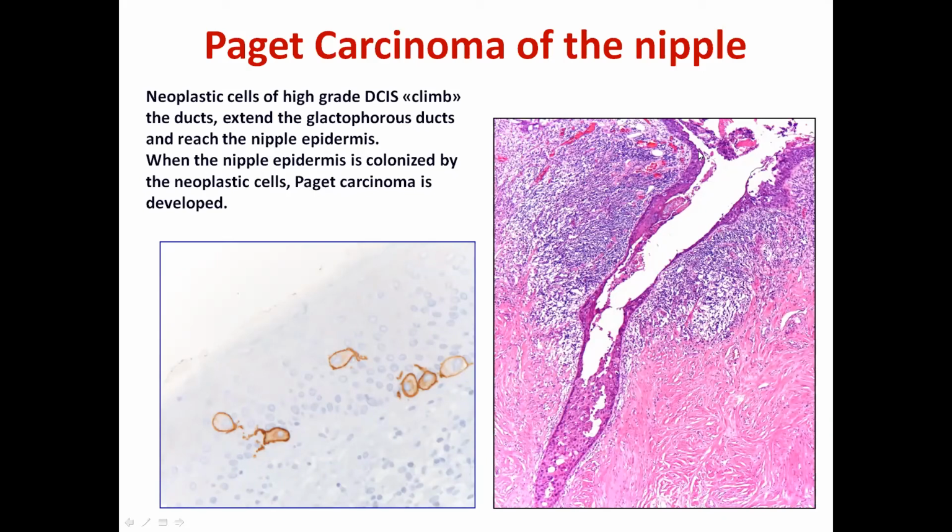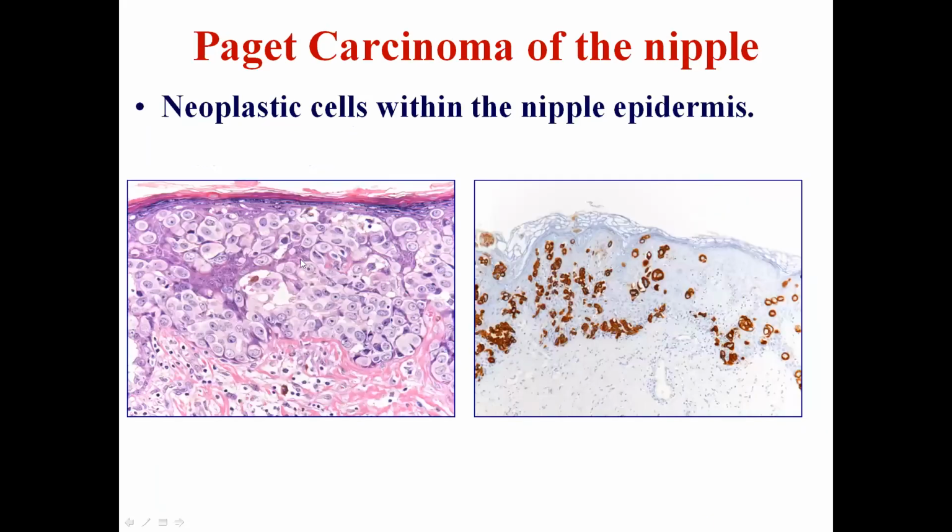And what you develop is Paget carcinoma of the nipple. You see, these are other pictures. Here you see the epidermis. You can see very well the normal epidermal cells. And then you see these very different neoplastic cells in the epidermis. The epidermis is filled with very atypical neoplastic cells.